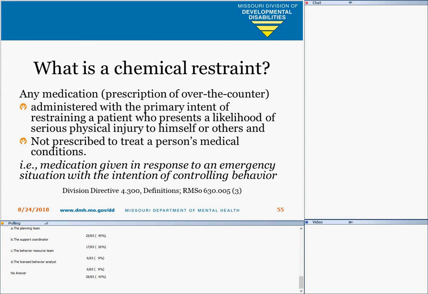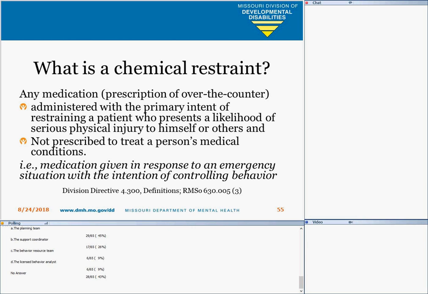So what's in this directive is information about chemical restraints, and we are utilizing the definition of chemical restraints that is in CSR as well as in the Centers for Medicaid Services definitions.